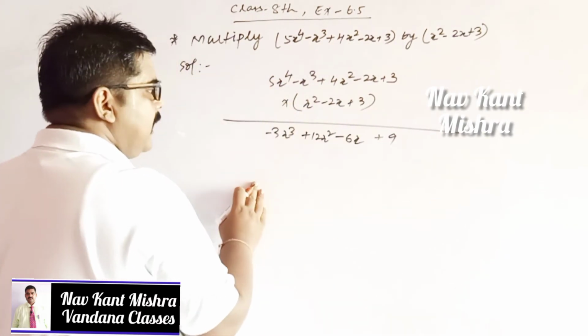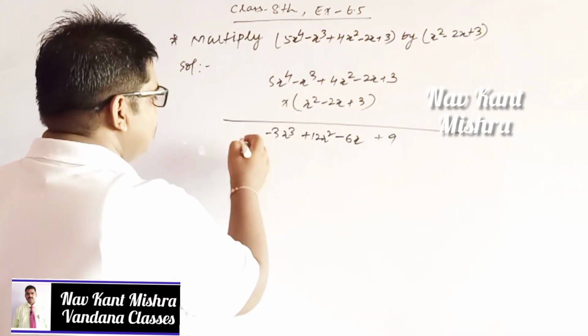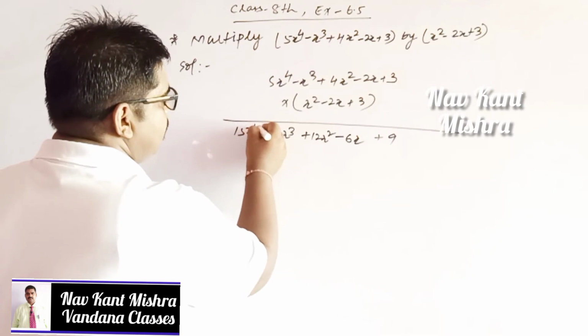When 3 is multiplied by 5x to the power 4, you get 15x to the power 4.